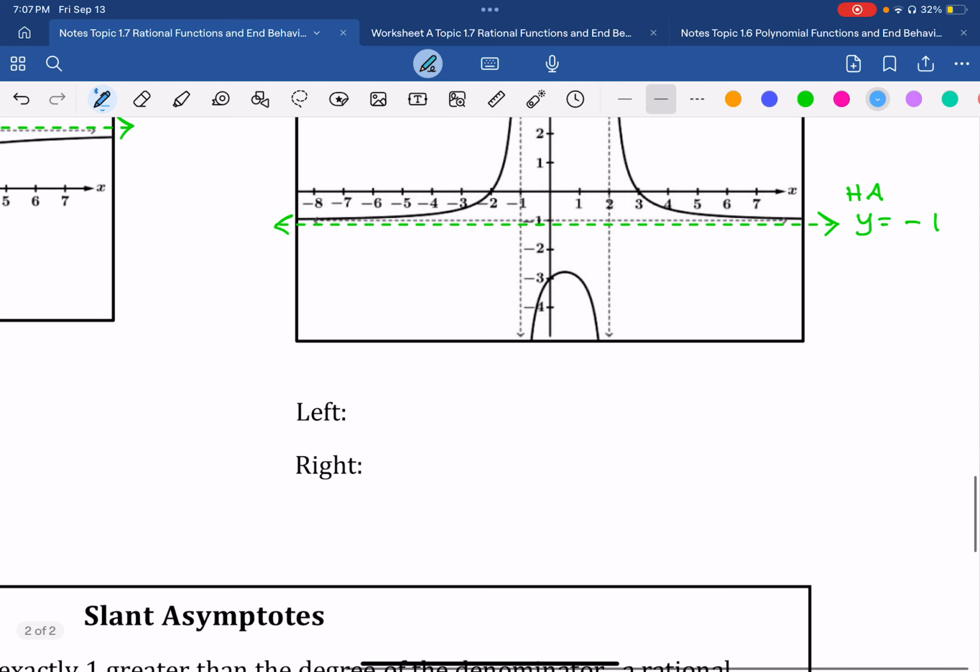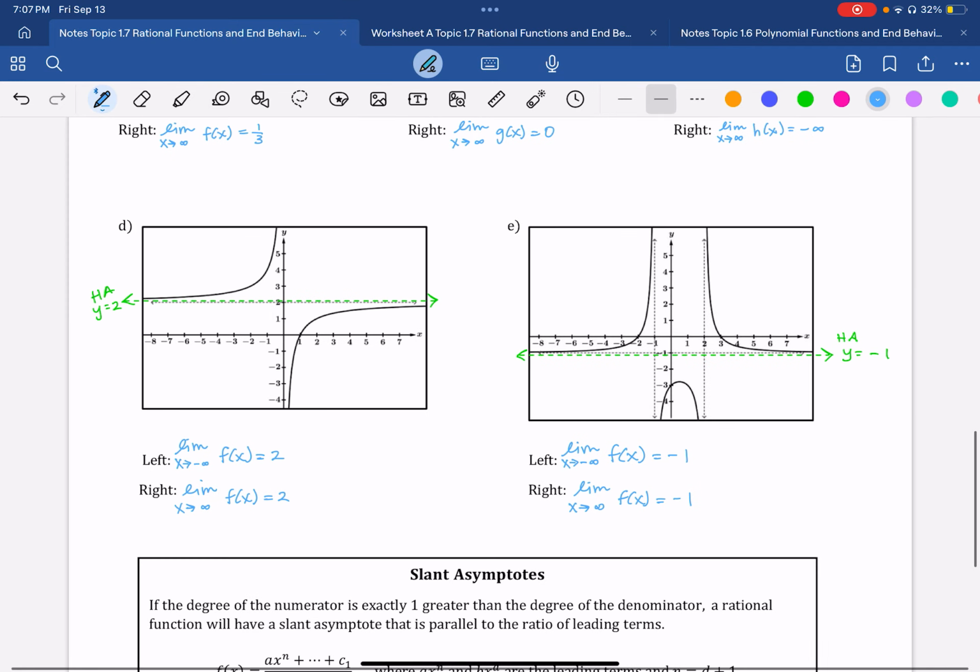So my limit statement for the left will say the limit as x approaches negative infinity, f of x equals negative 1. For the right, the limit as x approaches positive infinity, f of x equals negative 1. Okay? So if you have the horizontal asymptote, that is the value of your limit statements for the left and the right side. So graphically, it's pretty easy.